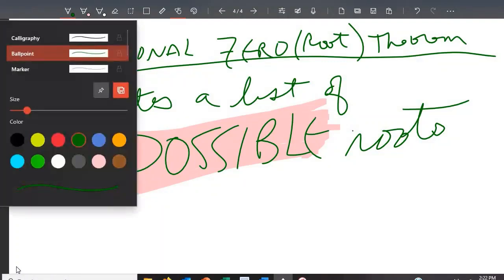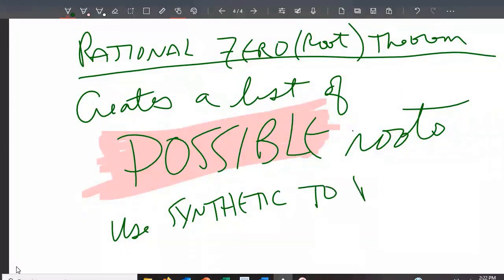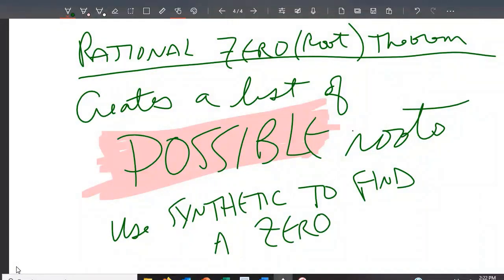And once we list these possible roots, we're going to use synthetic division to find a 0. So instead of being told up front, we have to go find it ourselves.